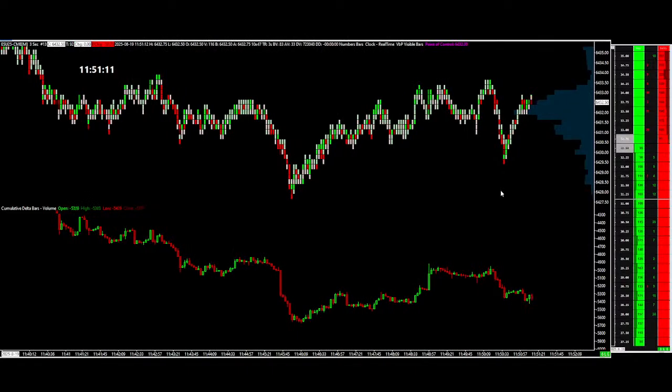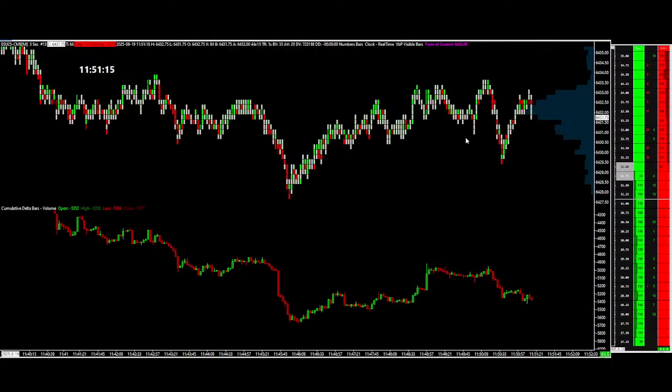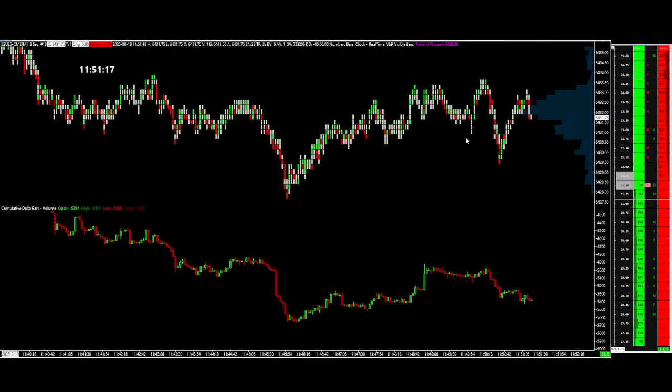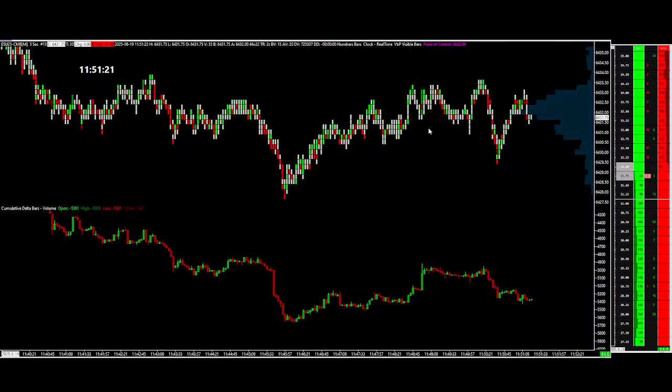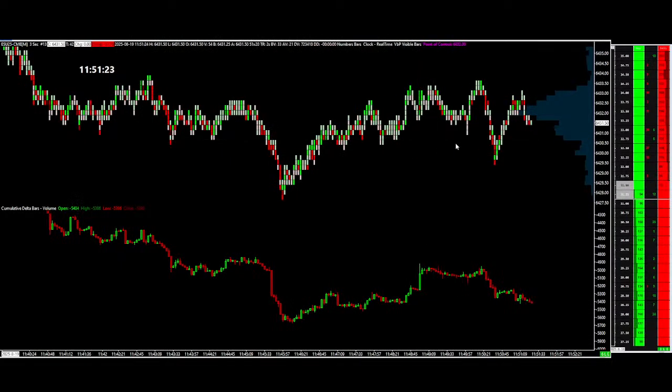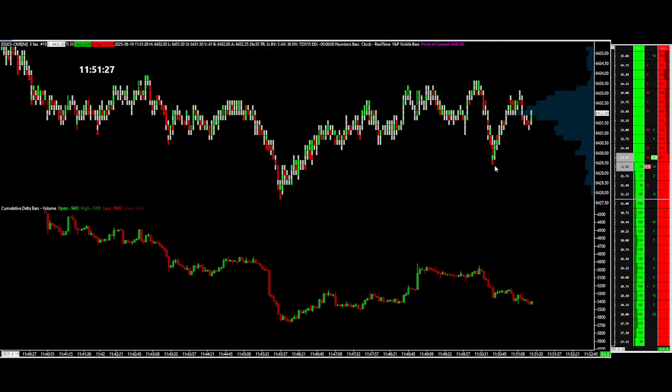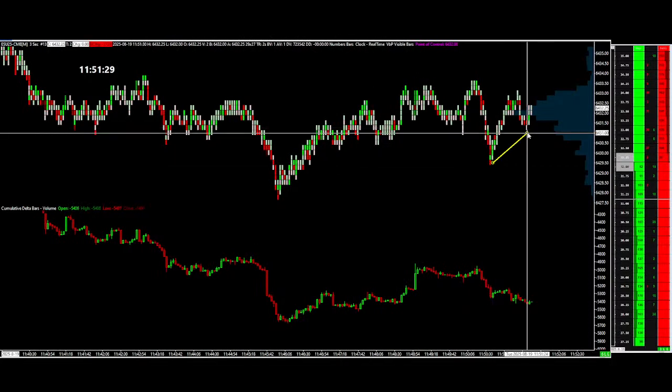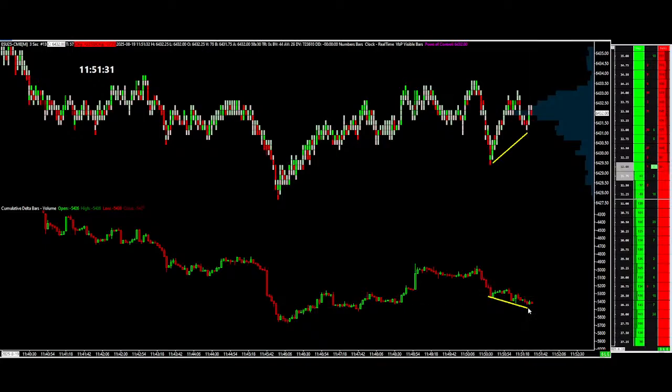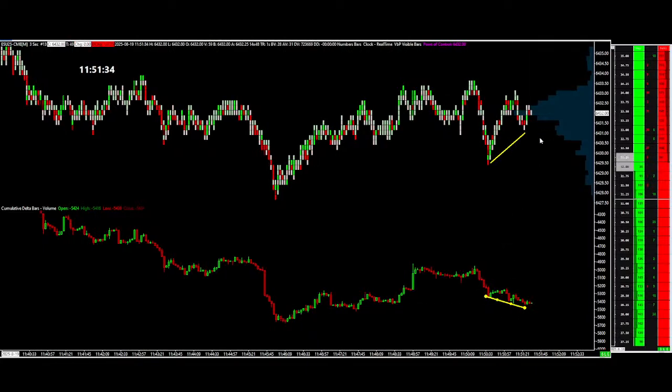So start looking for divergences. Usually you want to go pivot to pivot. Yeah. So there's actually a buy side currently from the current price action from the lowest pivot to here.